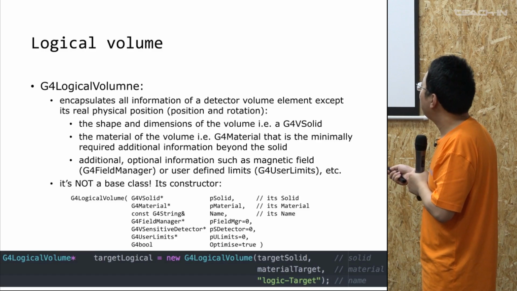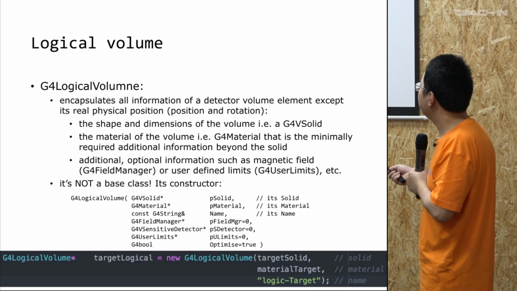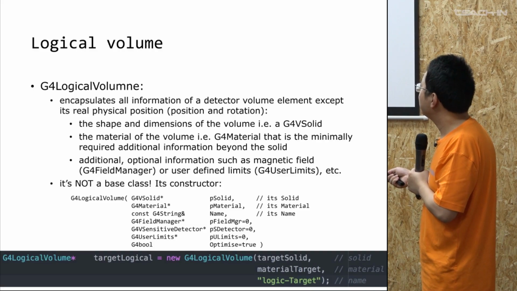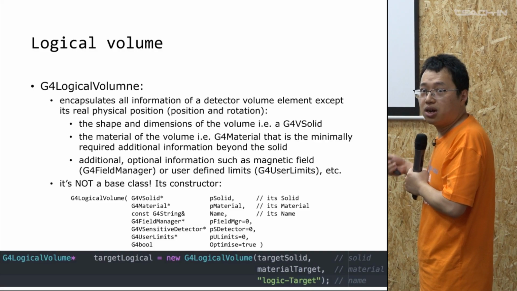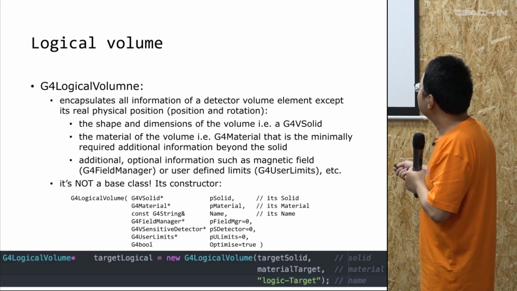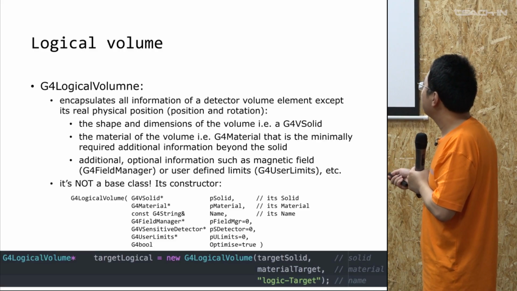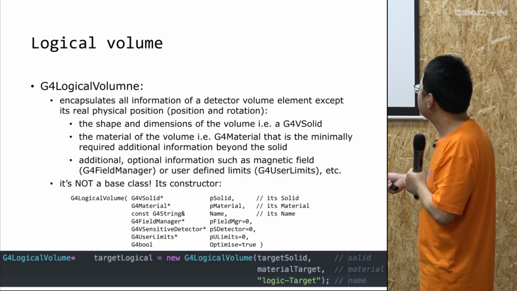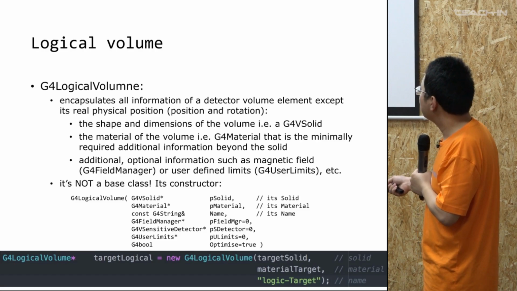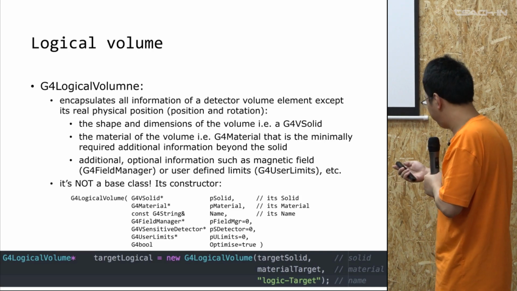The first is the shape pointer. Then you also need to assign the material here, and then you have to define the name. This is just a very simple example: you use this solid and this material to construct the logical volume.